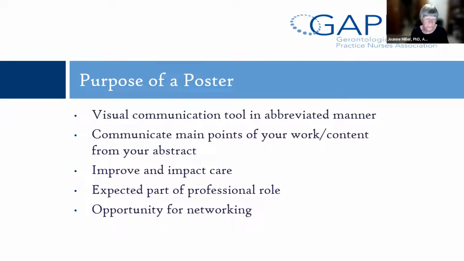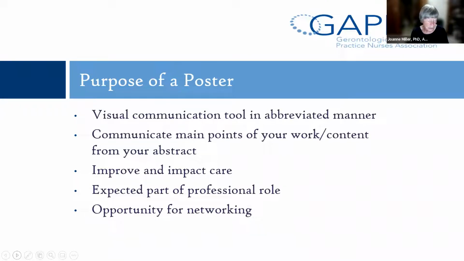It's part of our professional role, and it's an opportunity for networking. And this opportunity for networking is one of the most fun and rewarding parts of presenting a poster, because this is when you get to actually talk to other people at that conference and network for both your benefit and theirs, to share what you have developed from your abstract and all your work.